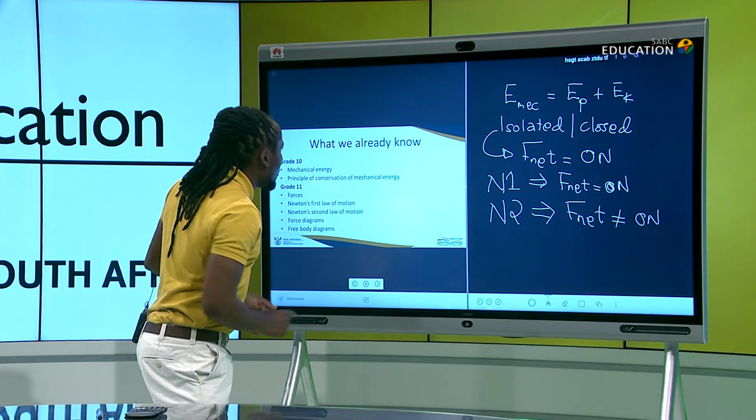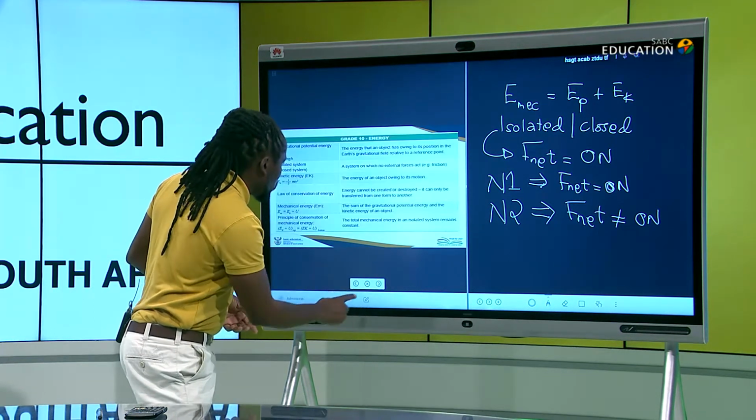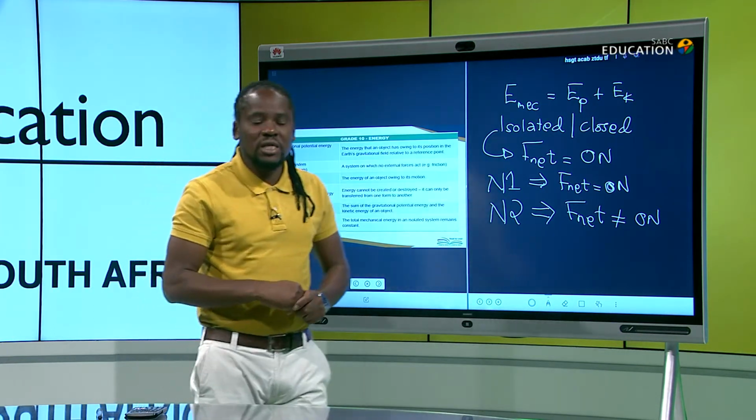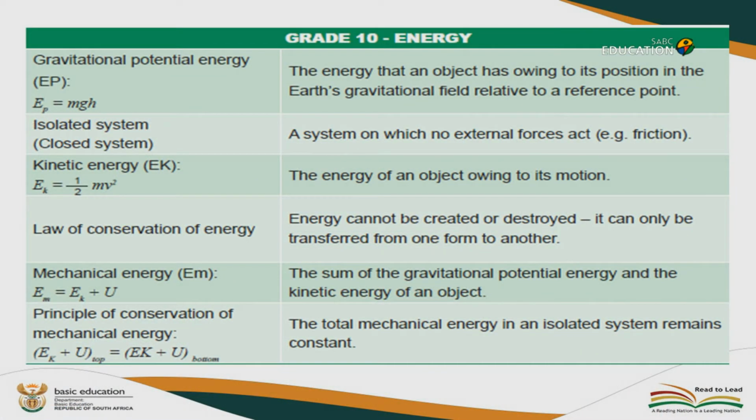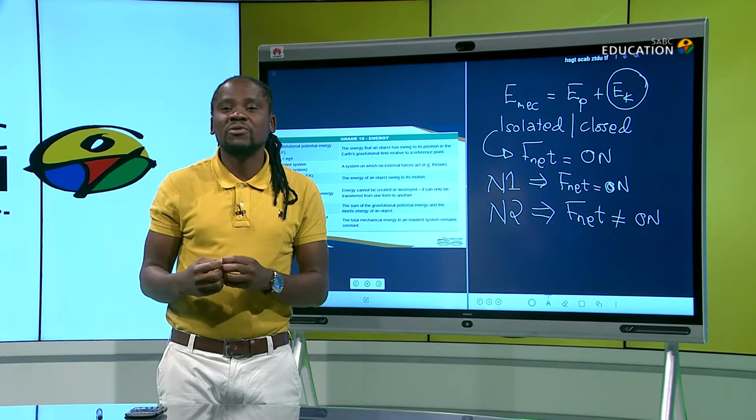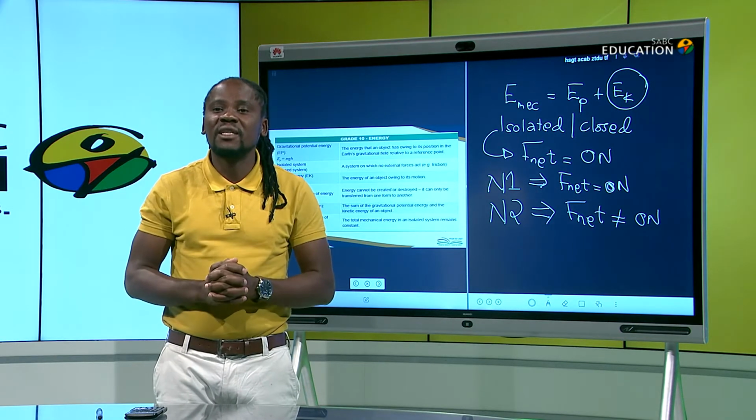Right. Now, a brief look into some of the aspects that we have covered in grade 10. We have also looked at the different types of energies, as far as mechanical energy. Now, if we talk of the kinetic energy, we're talking about the energy that an object has due to its state of motion, meaning the faster the object moves, the greater the amount of kinetic energy it possesses.